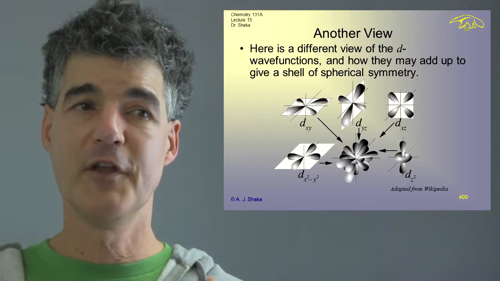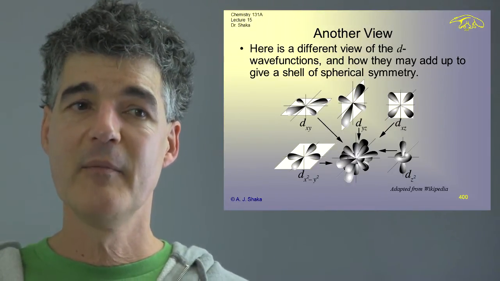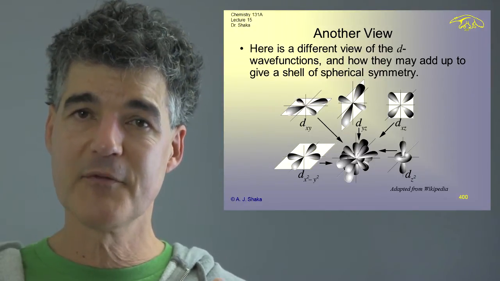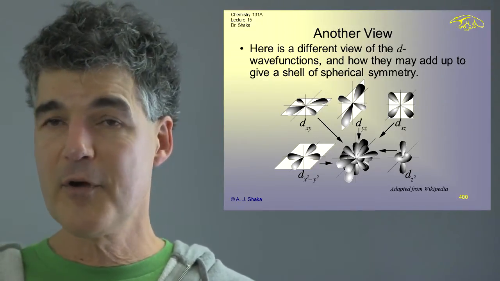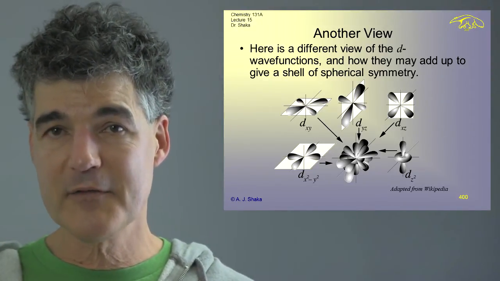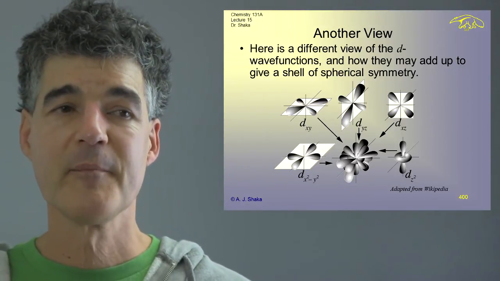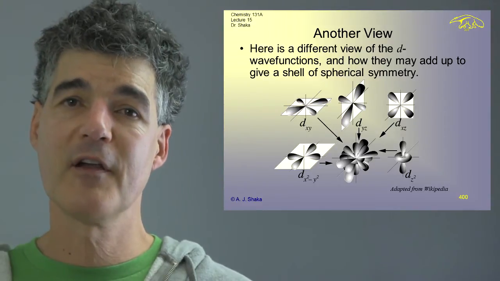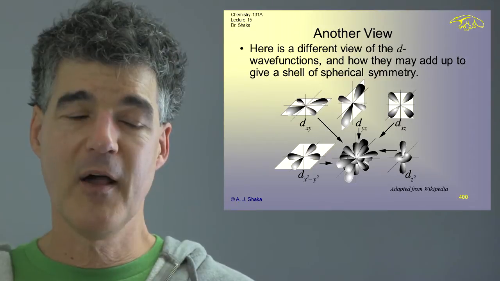Here's a different view of the d wave functions and how they may add up to give us a shell that has spherical symmetry. 4 of them are pretty much like clover leaves. There are 4 lobes, red and blue. Here they're just gray. And here they're also plotted at a different level of the contour, so they look a lot thinner than in the other plot.